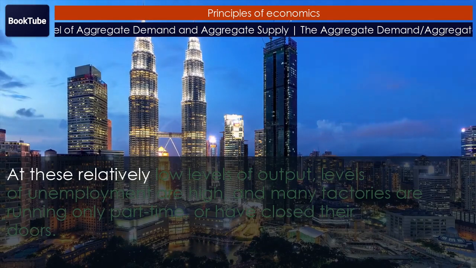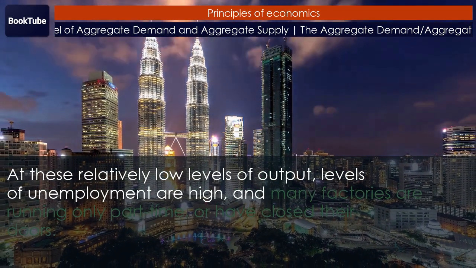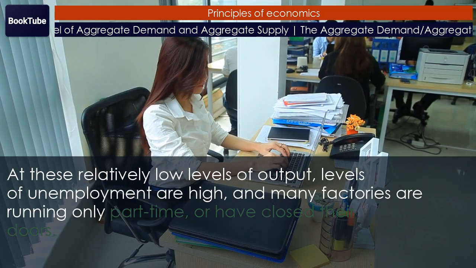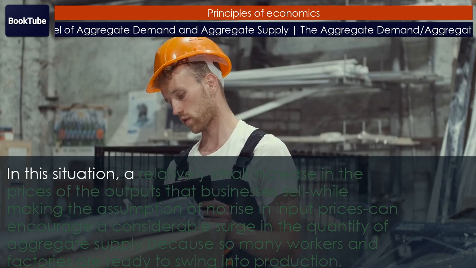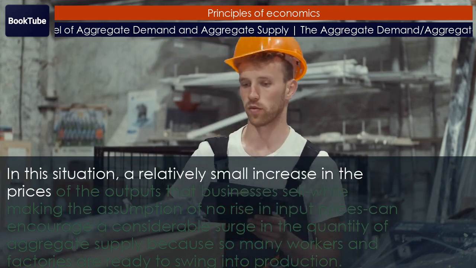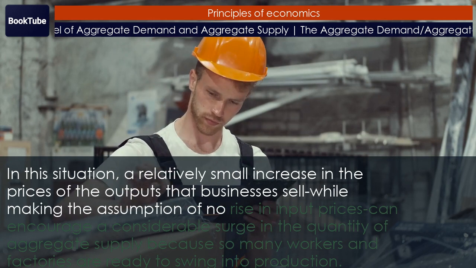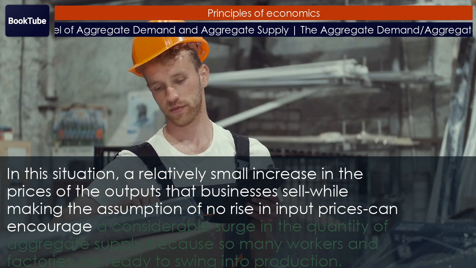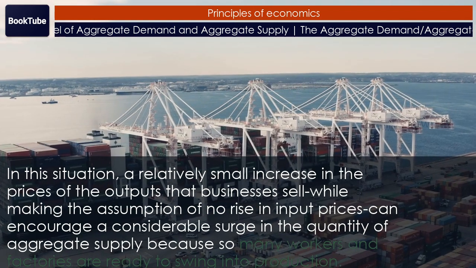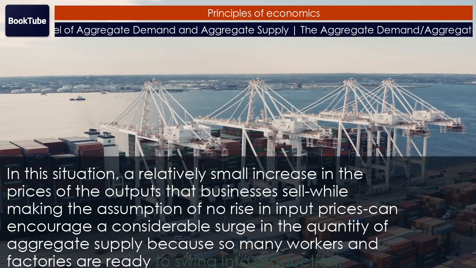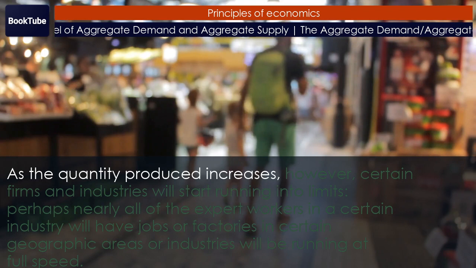At these relatively low levels of output, levels of unemployment are high, and many factories are running only part-time, or have closed their doors. In this situation, a relatively small increase in the prices of the outputs that businesses sell, while making the assumption of no rise in input prices, can encourage a considerable surge in the quantity of aggregate supply, because so many workers and factories are ready to swing into production as the quantity produced increases.